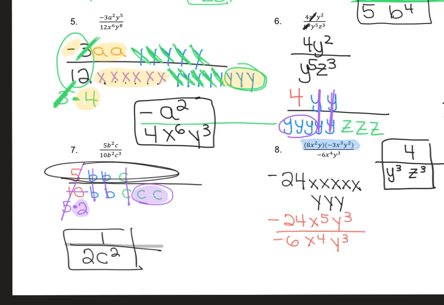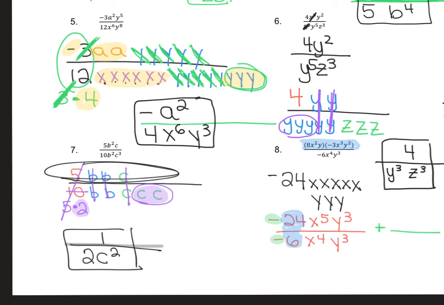Okay? Now, yes, we can write it out just like we've done every time, but you can also use logic and common sense and all what we've been doing all along without really writing it out longhand. Let's just look at what we've been doing without really writing it out. We have this negative divided by a negative. That's going to give me a positive. Okay. We have 24 divided by 6.